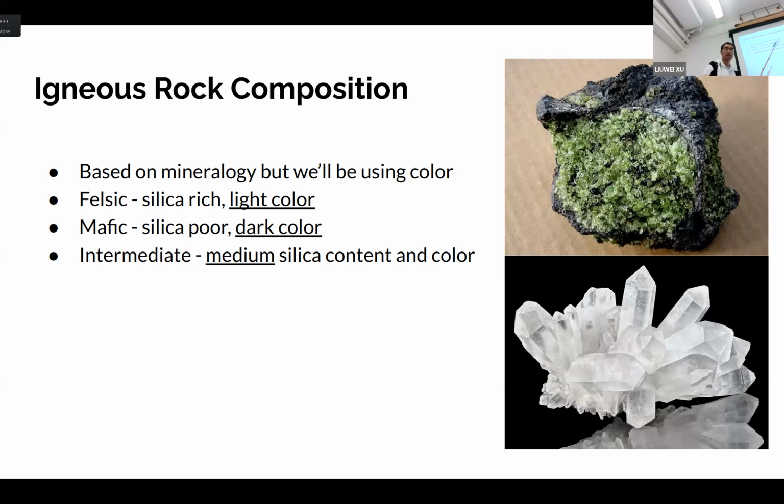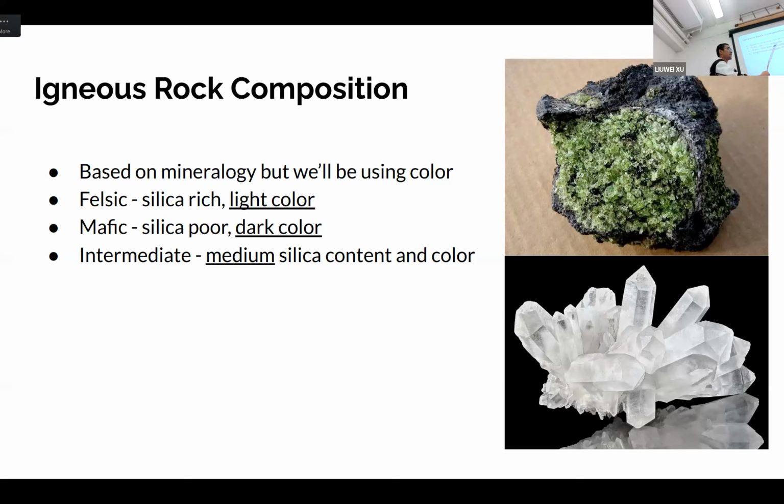Also, different igneous rocks have different compositions, and the composition decides the color of the rock. So we can check the color of the rock to infer its composition. If a rock is silica rich, then it's felsic.